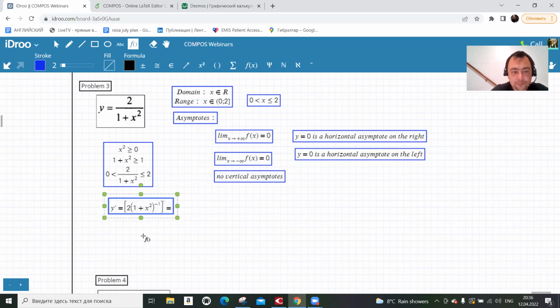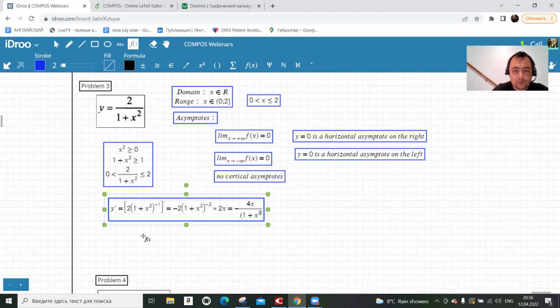So we use the chain rule here. So the derivative is going to be minus 2, (1 plus x squared) to the power of minus 2, multiplied by the derivative of the internal function, which is 2x. So this simplifies as minus 4x divided by (1 plus x squared) squared.